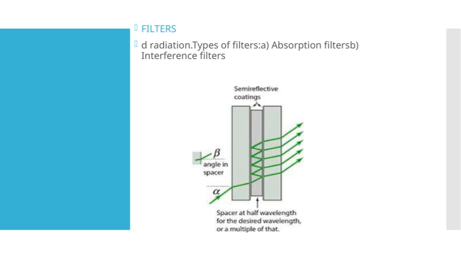Understanding these filters and their functions is key because they help us control the radiation reaching a sensor or a detector, which is crucial for accurate measurements or imaging in various scientific and industrial applications. So, whether we're absorbing or reflecting unwanted radiation, these filters are fundamental tools in managing the quality and clarity of the signals we work with.